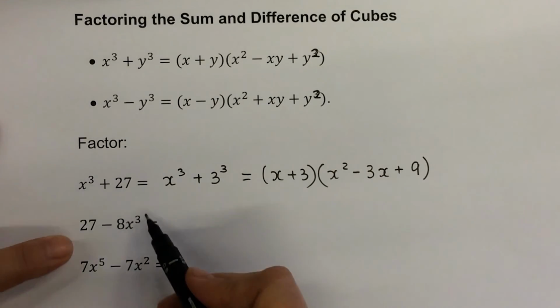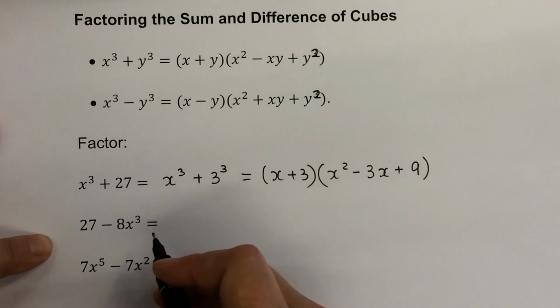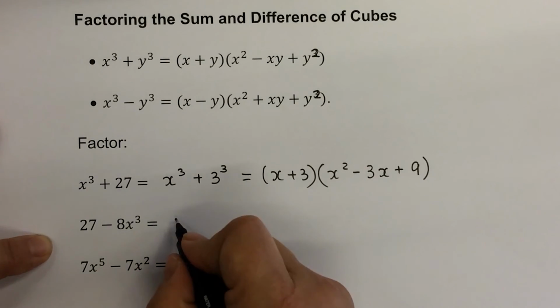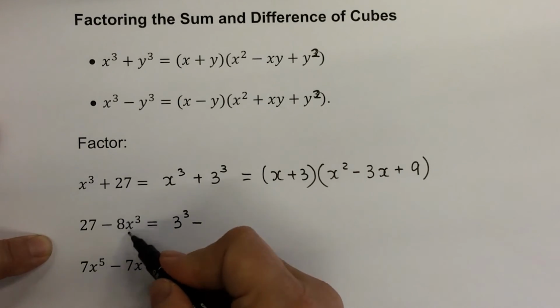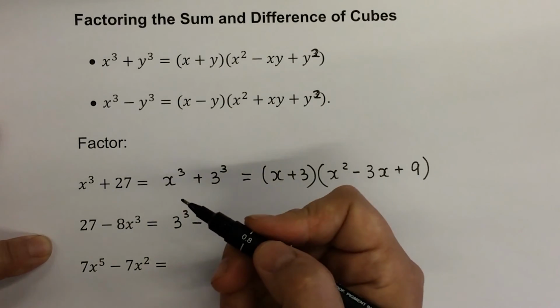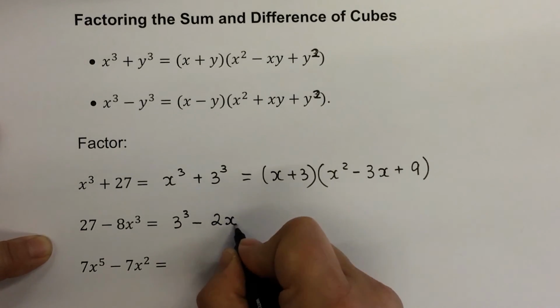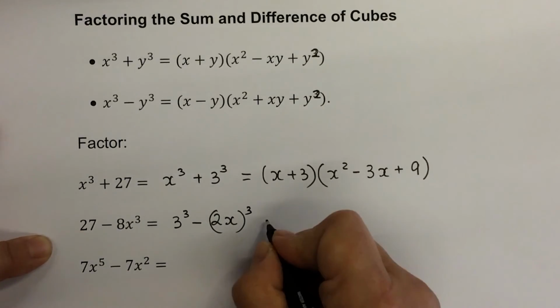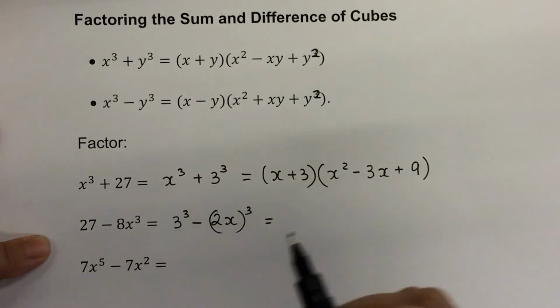Second example. First, we have to recognize explicitly what cubes we're dealing with. So 27 is 3 cubed, as we know, minus 8 is minus 2 cubed. So hence, the second term can be presented as 2x cubed. And now we know what our first term is, which is 3, and the second term is 2x.